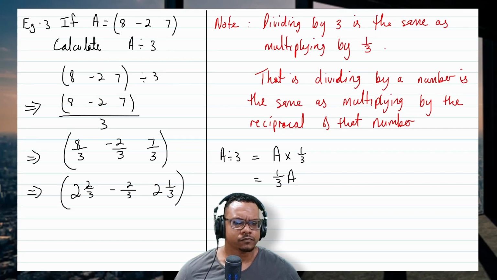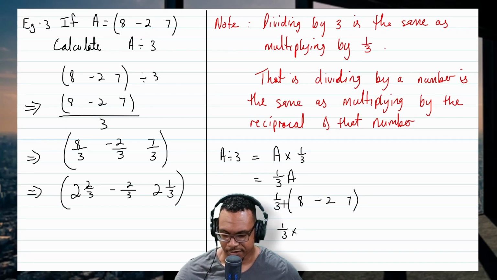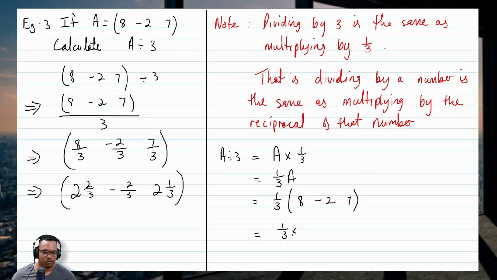All right, so this has been 1/3 times the matrix A, which is 8, -2, 7. Let me write it out. So you see what I mean? I don't really like that in terms of working, it's just longer.